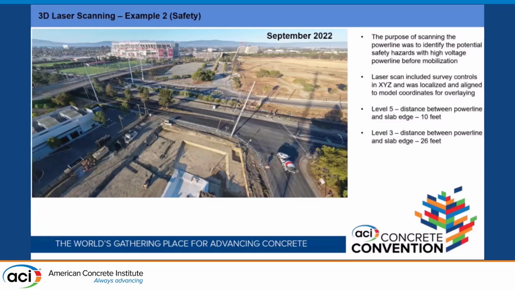Another use case from scan is, let's say, for site logistics or safety. This project is 2 towers of 20-plus levels, and you can see on screen the high voltage power lines very close to the edge of the building footprint.